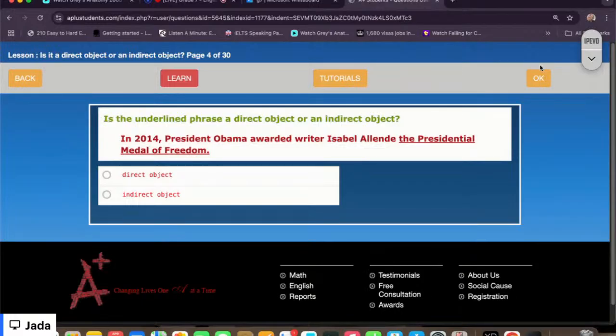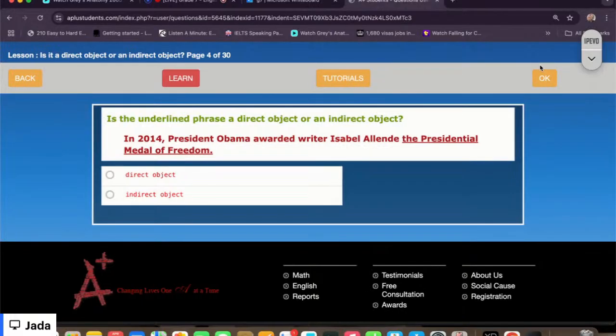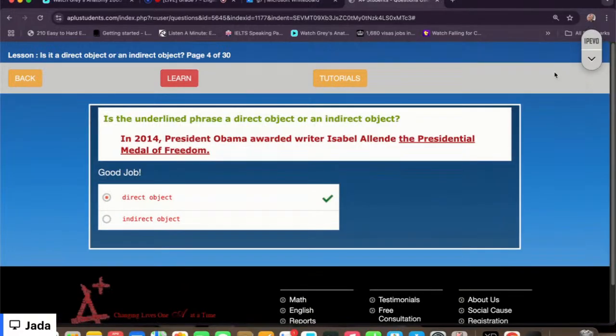Direct or indirect? So this is also a direct object.